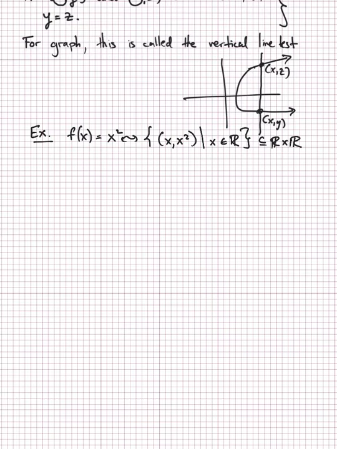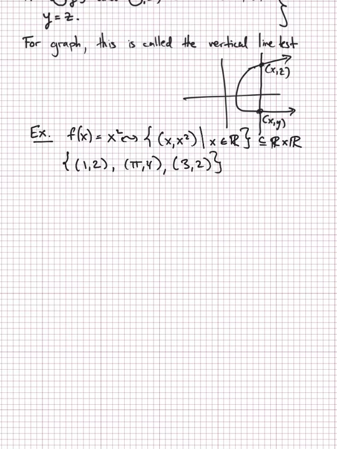But you can also choose other, kind of random, subsets of the Cartesian product, as long as they satisfy this test. So from our perspective, here's a perfectly valid function.